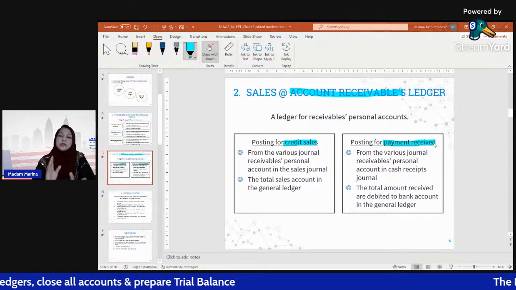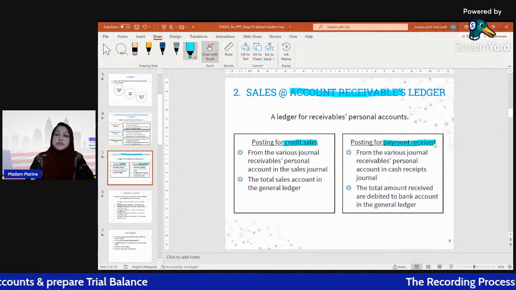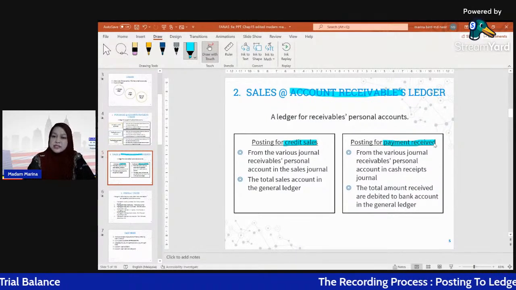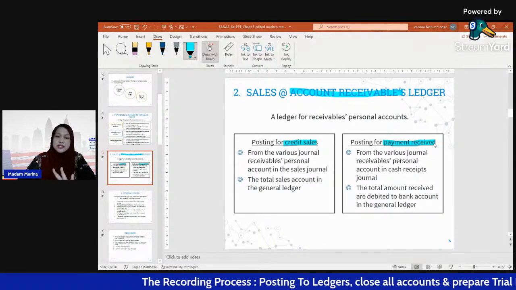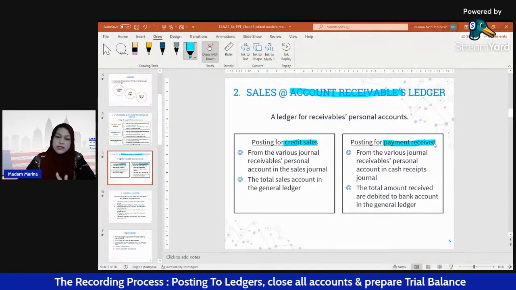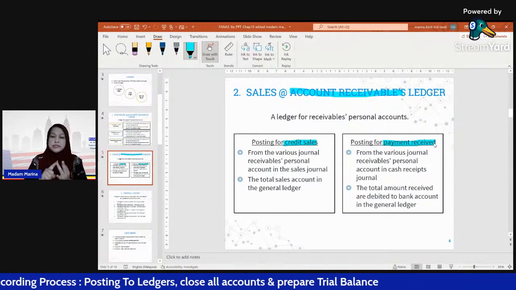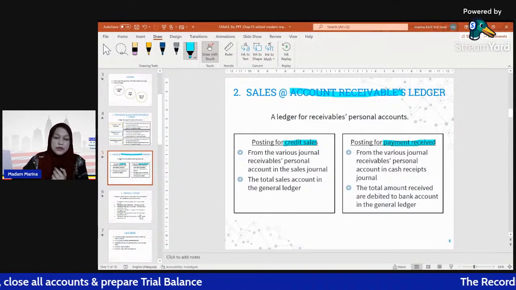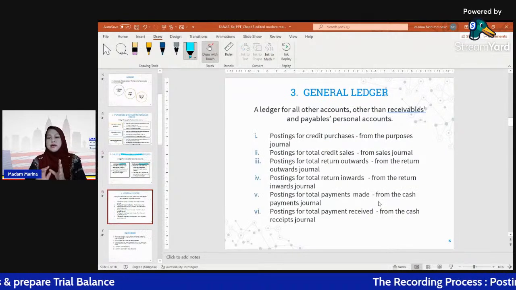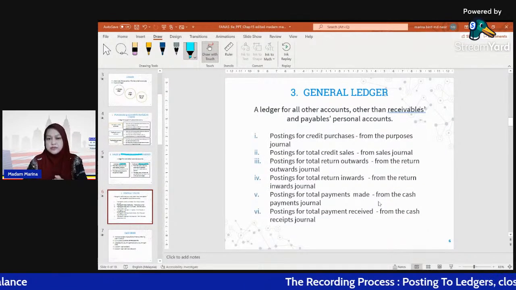This will also affect our account receivable or sales ledger account. So the three transactions that affect the sales ledger are credit sales, payment received, and return inwards.